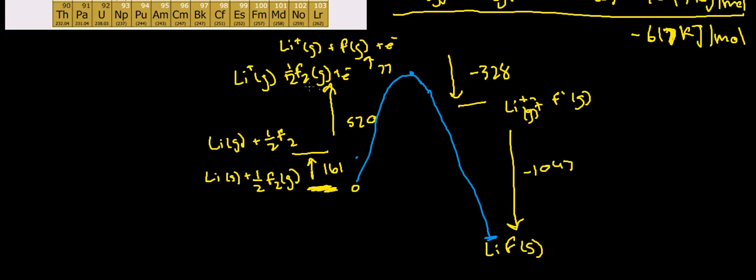So the rate limiting step is going to be this one because it requires the most amount of energy. This is the step that's going to slow the reaction down the most because it's the greatest to overcome.